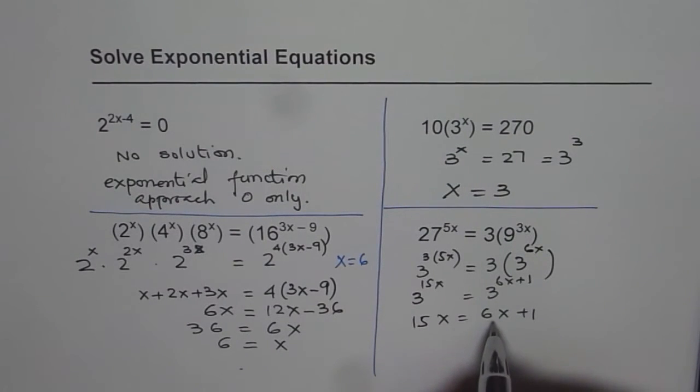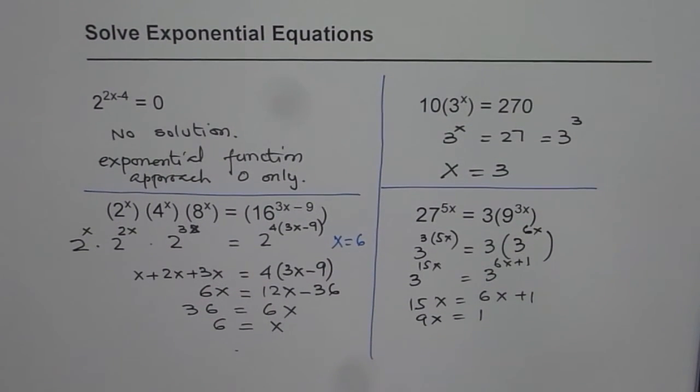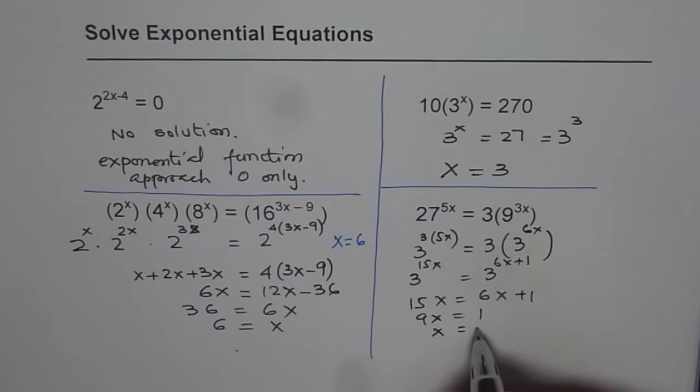So 15x minus 6x is 9x equals 1. So we have x equals 1 over 9 as our solution, right?